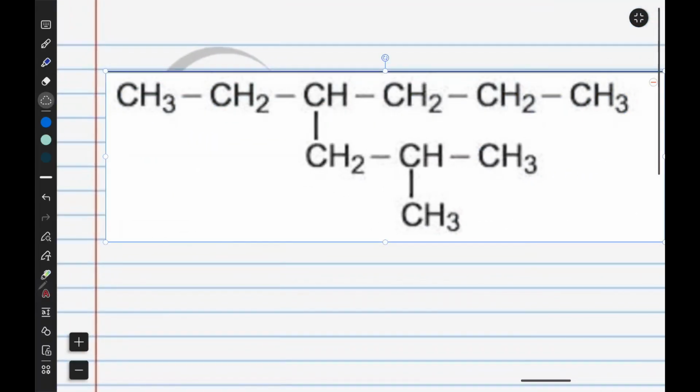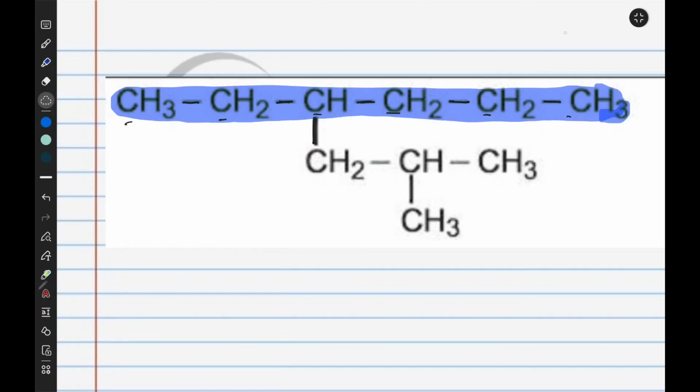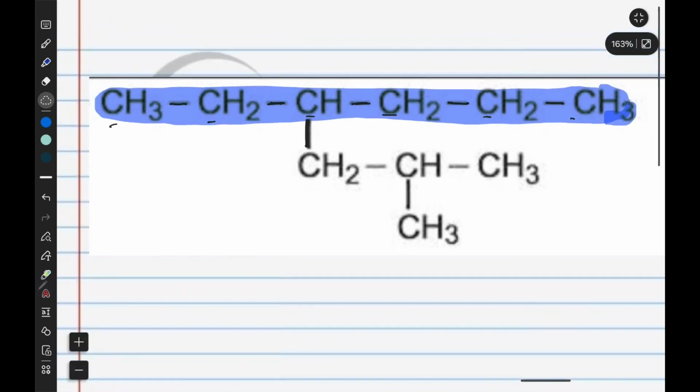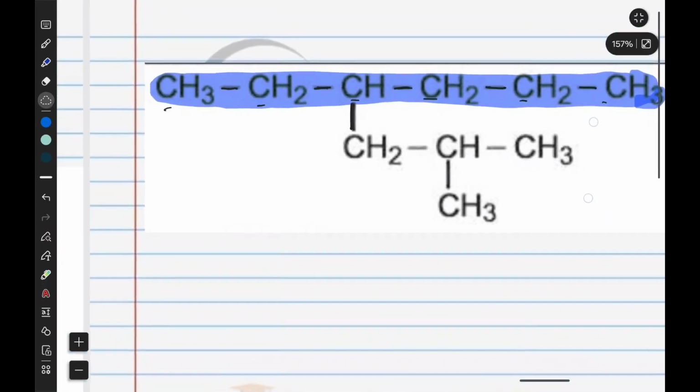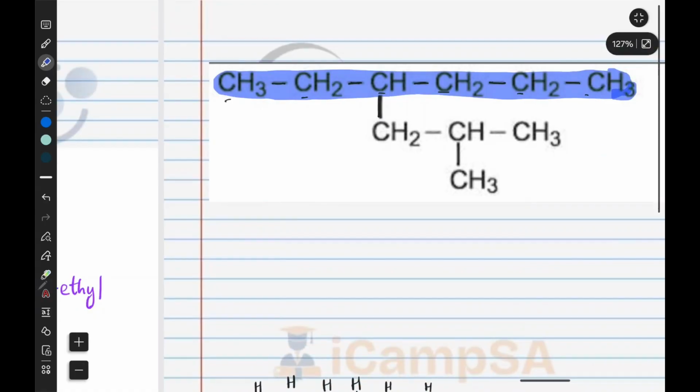So we see that we have a main chain, and then we just have one branch or one alkyl group. So we go to this alkyl group, we count how many carbon atoms it has. In fact, we might have made a mistake here. We forgot to trace all our paths actually.